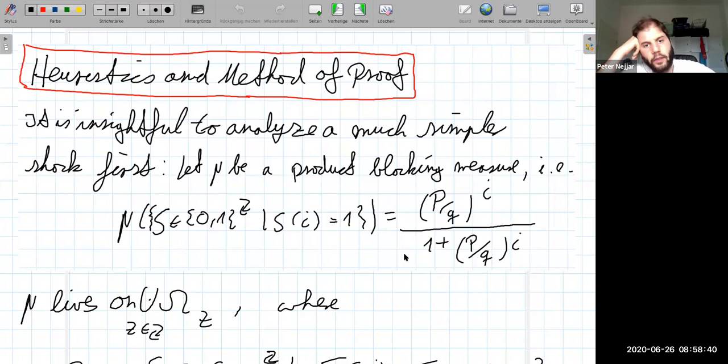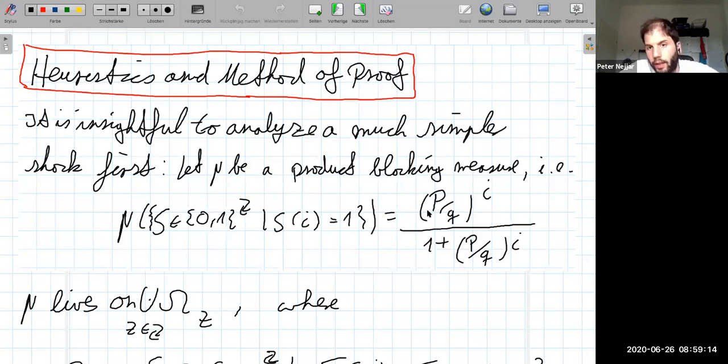So one very well-known invariant measure of the ASEP is the so-called product blocking measure. The product blocking measure is a product measure, and I call it mu. The probability that mu assigns to the configurations which have a particle at a given position I is precisely given by (p/q)^I divided by 1 plus (p/q)^I.